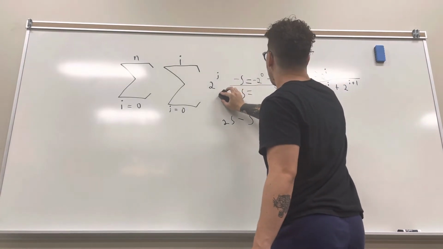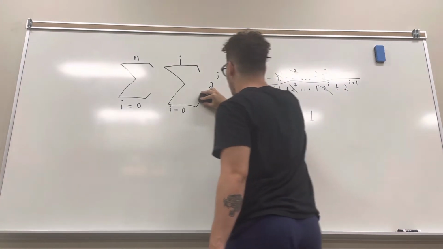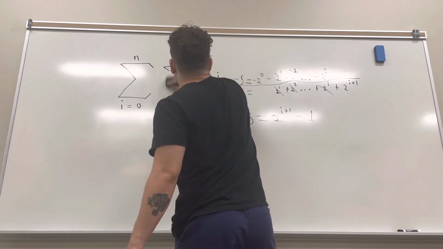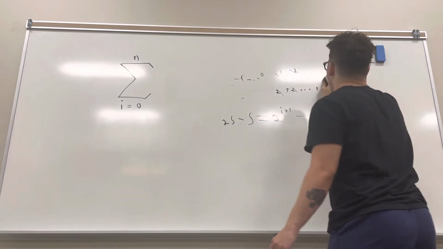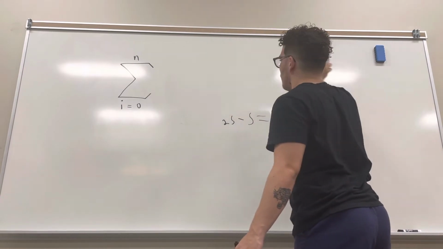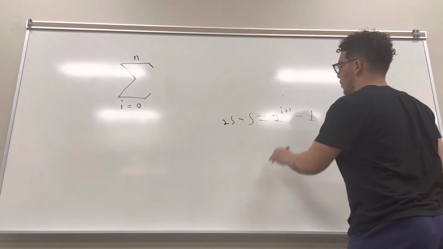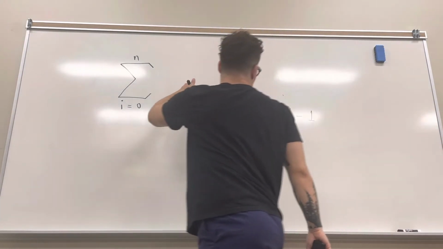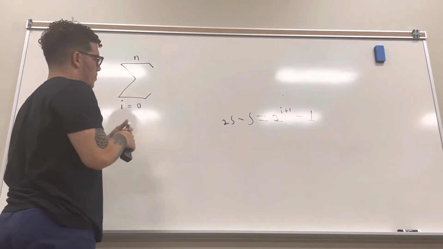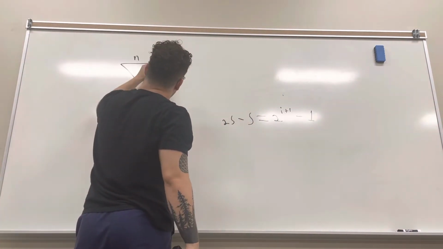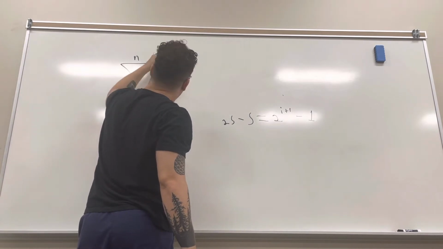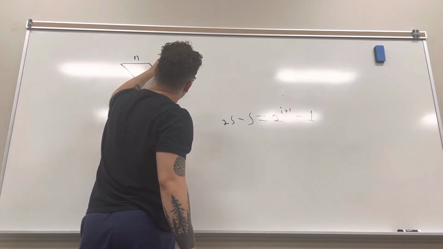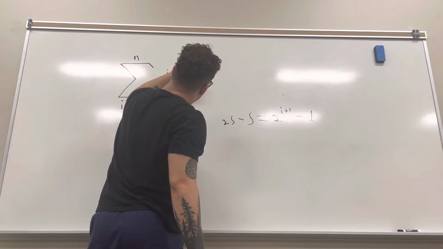And I'm going to erase this, and I'm going to plug this in right here. So we have 2 to the i plus 1 minus 1.